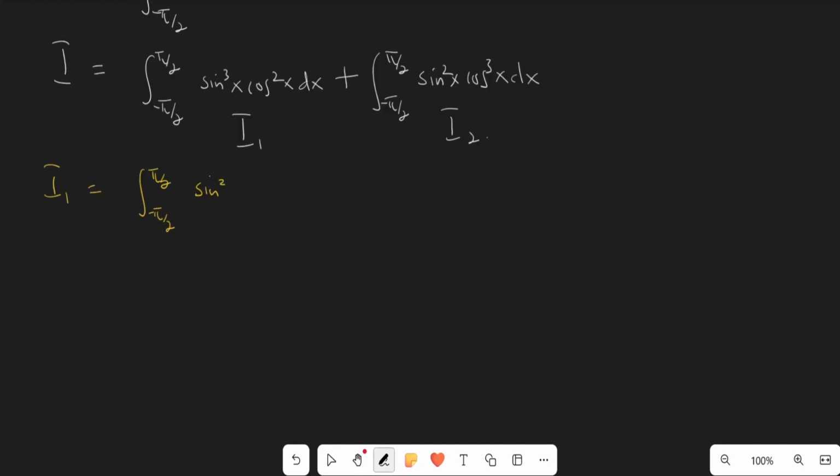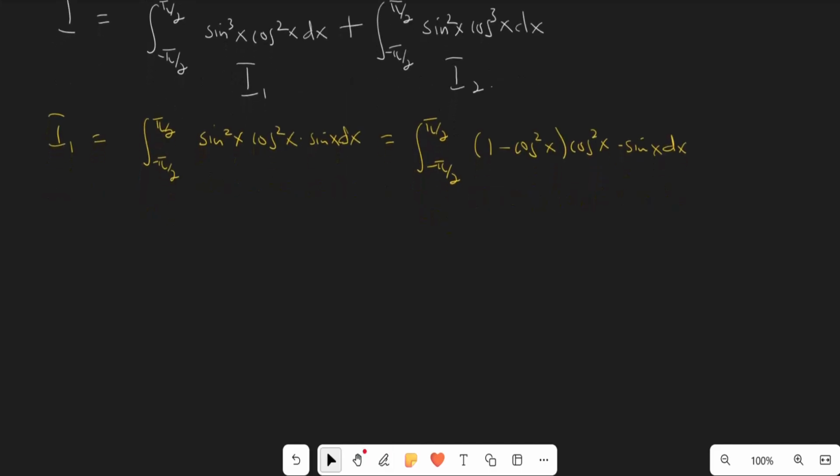I'm going to write that as sine square of x cosine square of x, then I'll multiply by sine of x and the dx here. I'm just bringing one of the sine of x to the differential. This is equal to the integral from negative pi over 2 to positive pi over 2 of sine square x, which from the Pythagorean identity is 1 minus cosine square of x, times cosine square of x times sine of x dx.